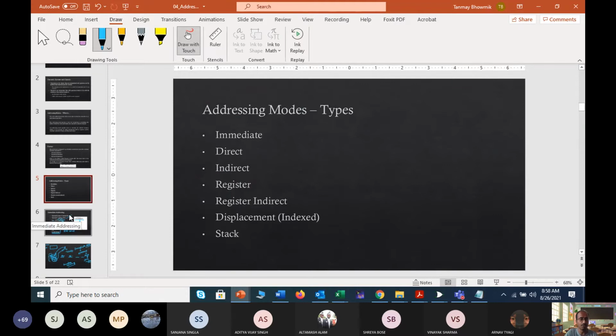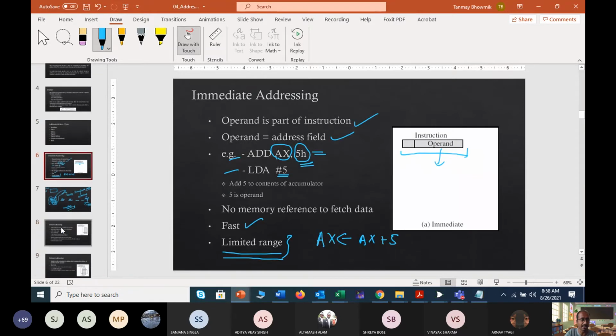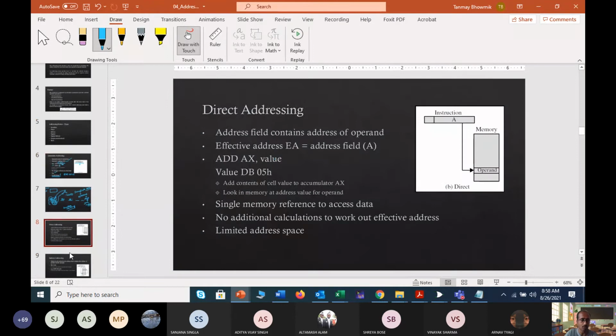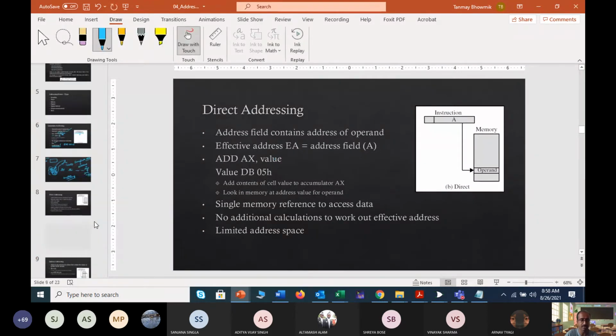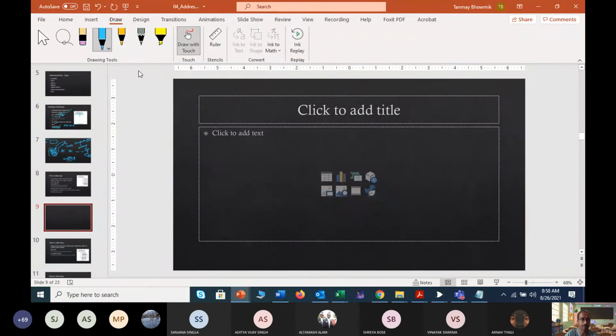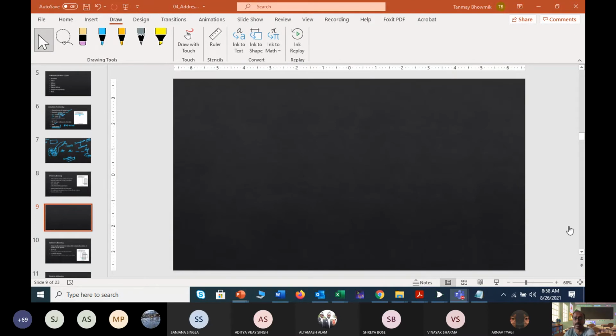Before going to direct addressing, again we will follow our pattern: I will first take one example, then show some pattern structure, and then relate it with the theoretical discussion.